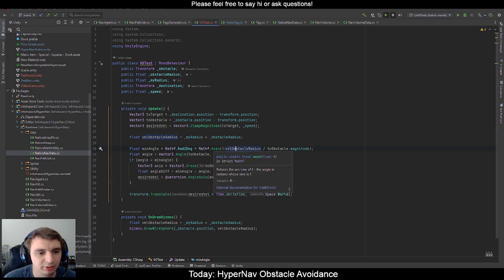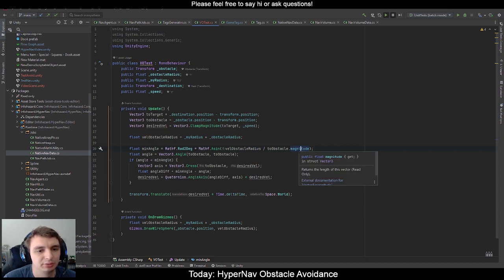Then we take the arc sine of that over toObstacle dot magnitude, not square magnitude. Oh, wait. Angle is always going to be 0. This needs to be desired val.